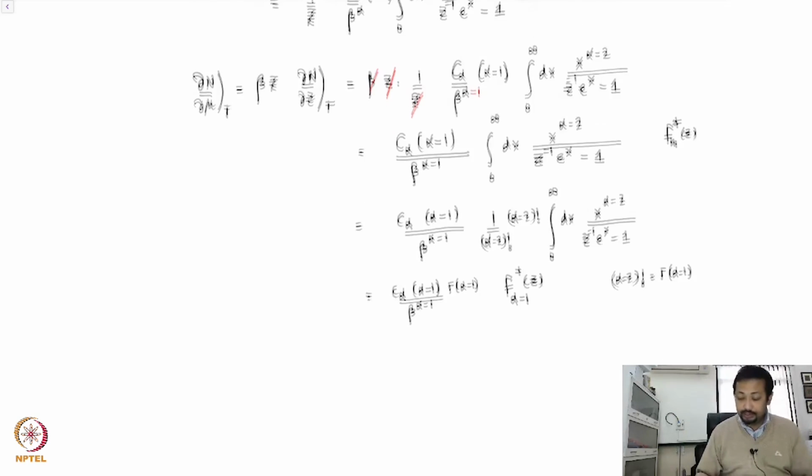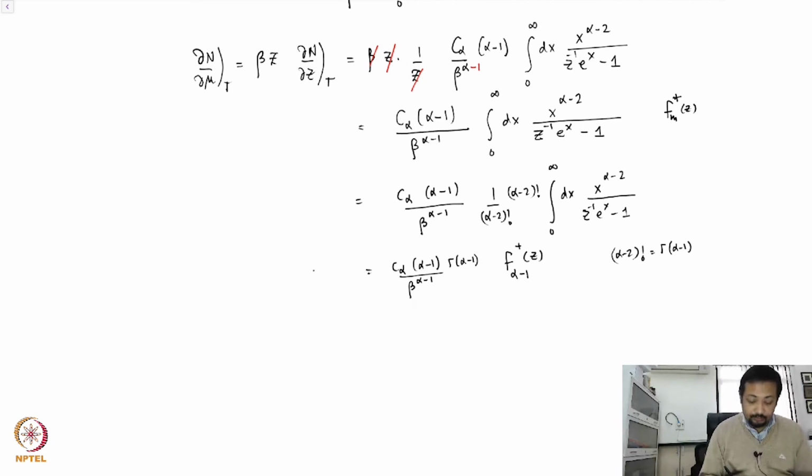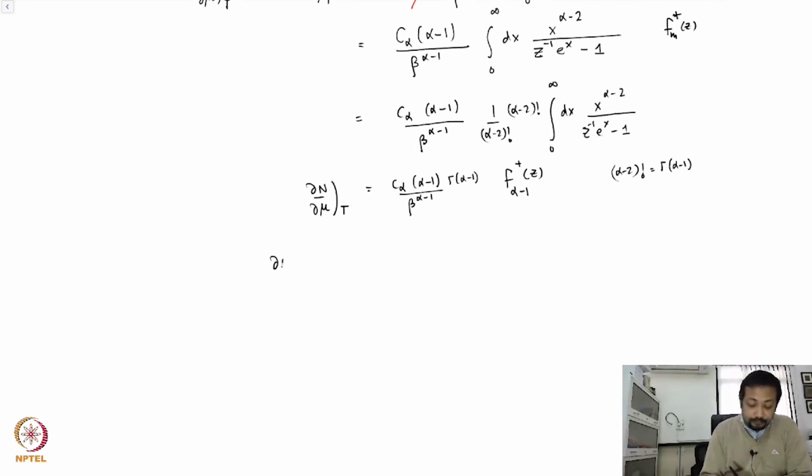Now I need to evaluate this. So this is the derivative. Let's write down del n del mu, T held constant. Now this is the derivative that I'm going to use, but I'm going to evaluate it very close to Tc. What I require is del n del mu at T equal to Tc plus, extremely close to Tc.